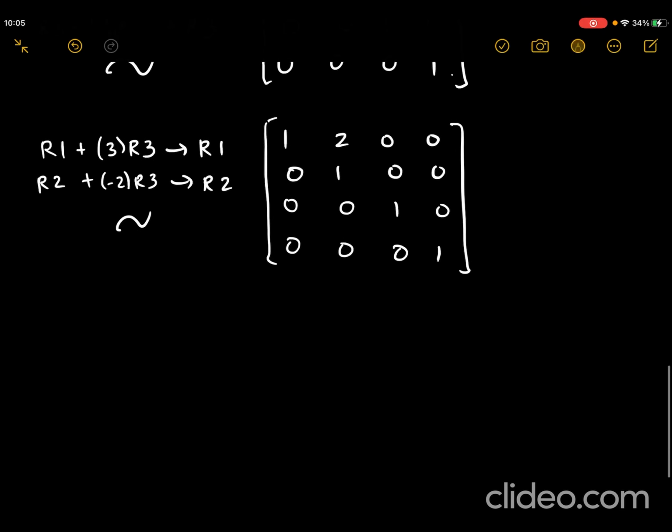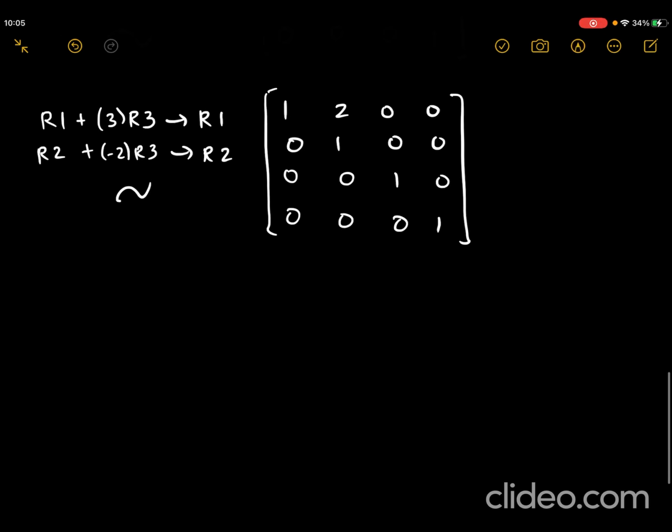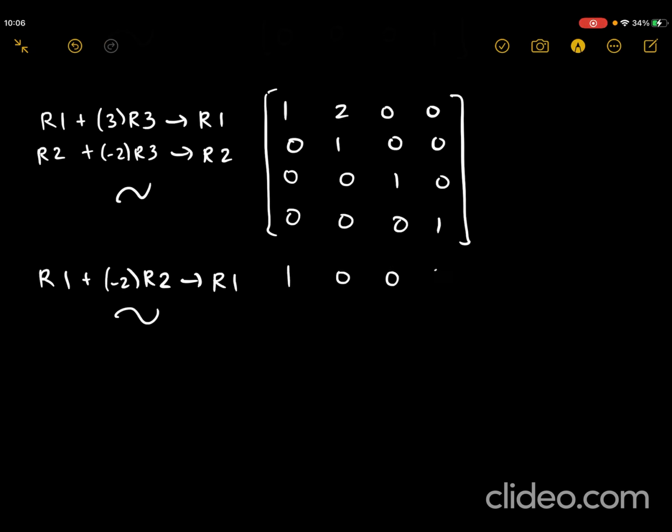Almost there. You just need to perform one more elementary row operation, that is adding R1 to -2 times R2. That will produce 1 0 0 0 in the first row.